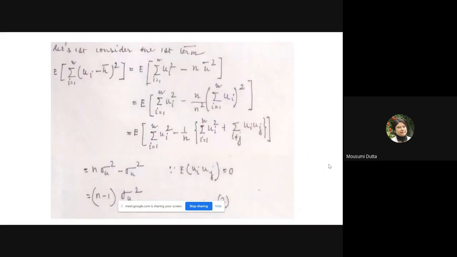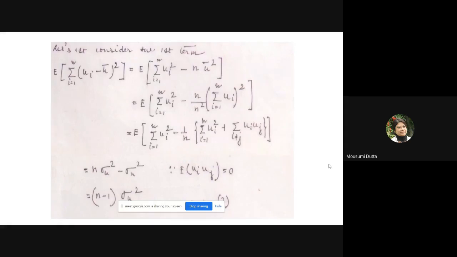So let's first consider the first term, expectation of summation ui minus u bar whole square. Okay. So expectation of summation ui square minus n u bar square. If I write summation of ui minus u bar whole square, this is equivalent to summation ui square minus n u bar square. Summation ui square as it is, u bar I am writing as summation ui by n. So u bar square is summation ui whole square divided by n square.